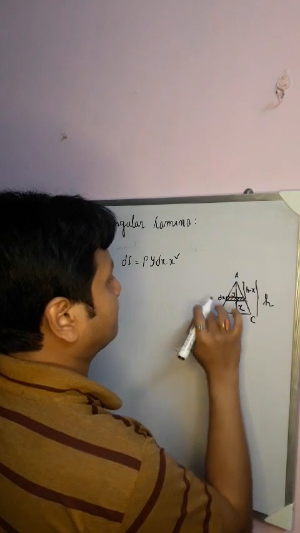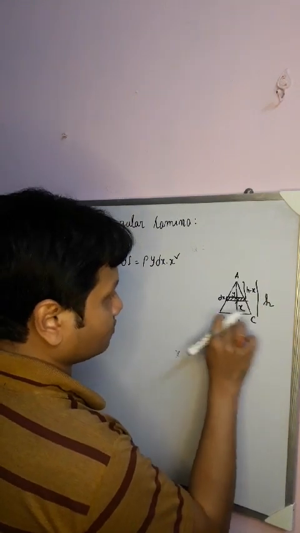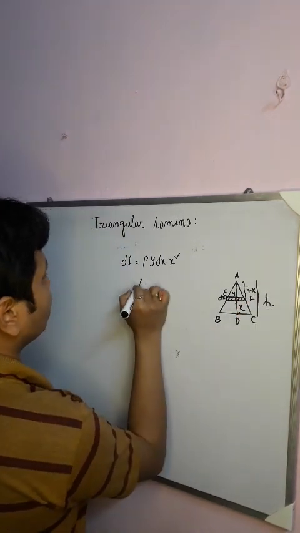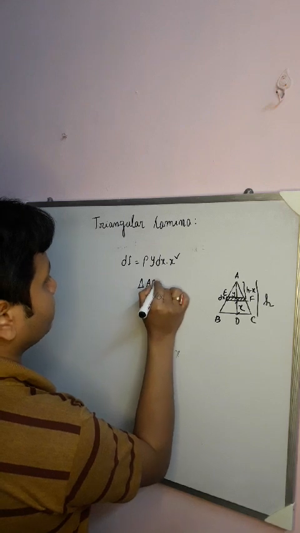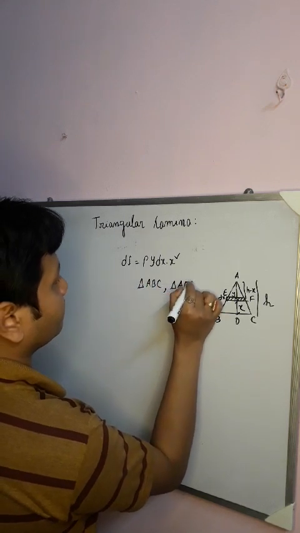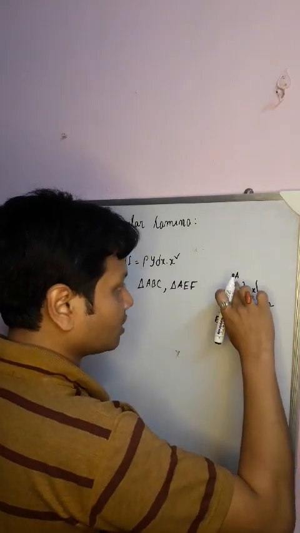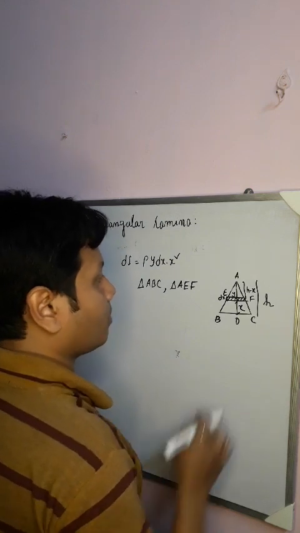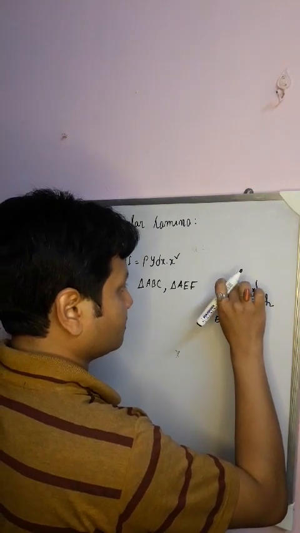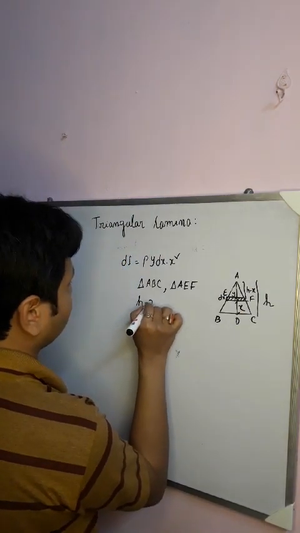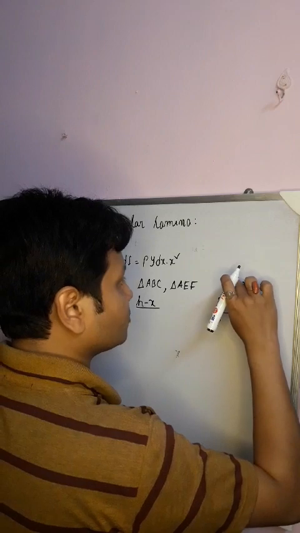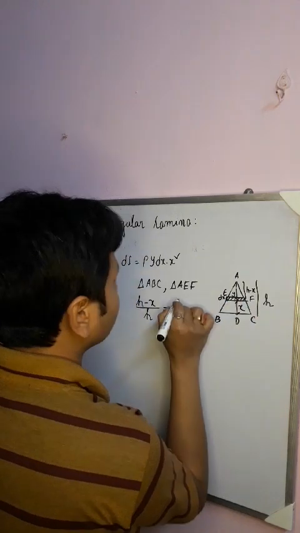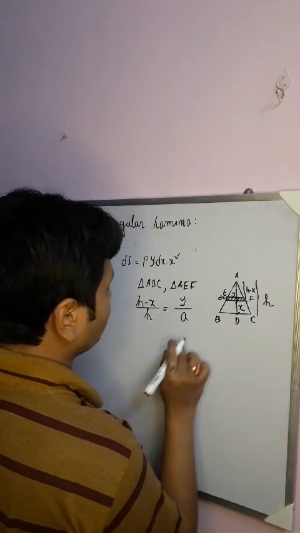Now just see this small triangle and this entire triangle. Give it a name, say EF. Now you can write from triangle ABC and triangle AEF, this thing by total is equal to this by total. This is h minus x, and the total is h, and this is y and this is a.